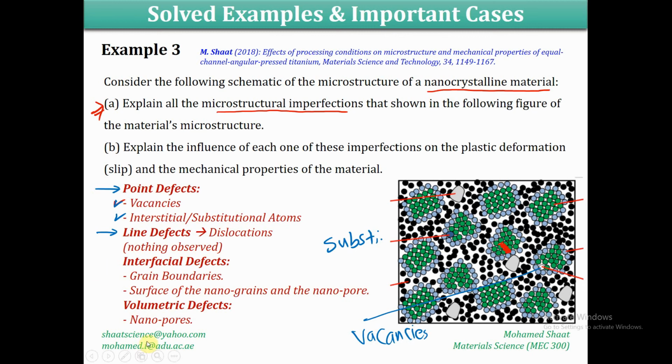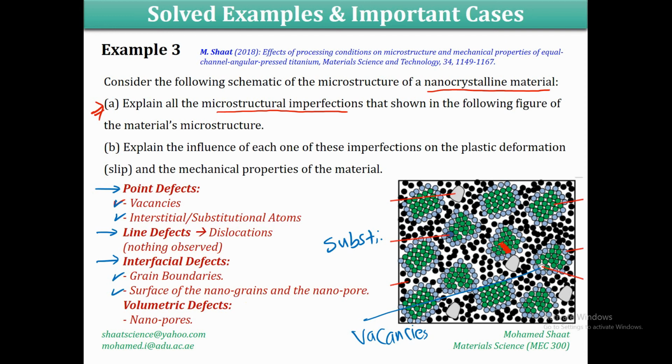Make sense? The other defect is the interfacial defects. As we discussed, we defined the interfacial defect. The grain boundary is one of the common types of interfacial defects. Also the surface: we discussed in chapter 4 the external surface. We said that any grain has an external surface, and here we are talking about the surface of the nanograin itself.